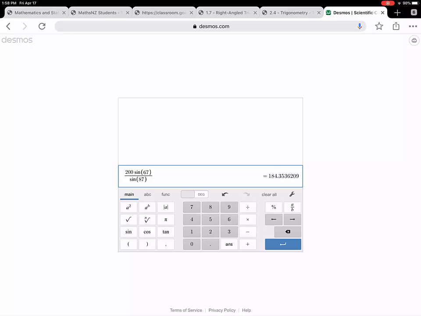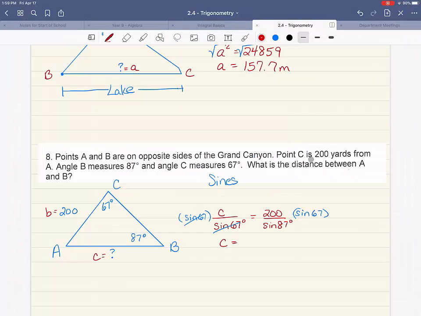It is so important that you close all of your brackets when you do this. So go ahead and push the blue arrow, and you get 184.4.